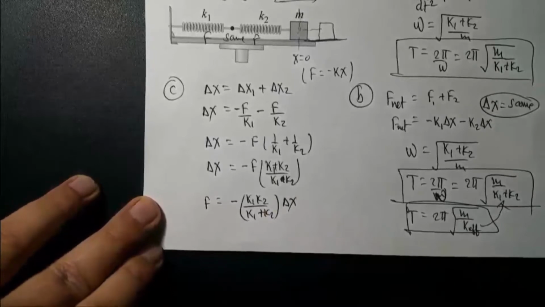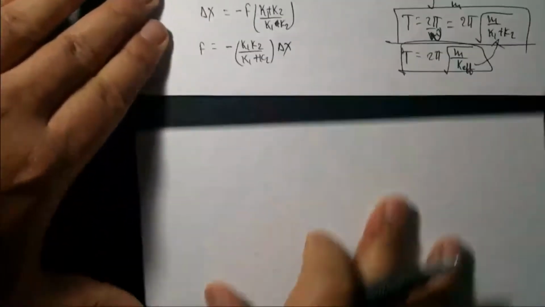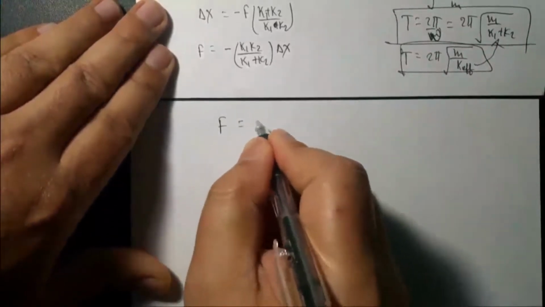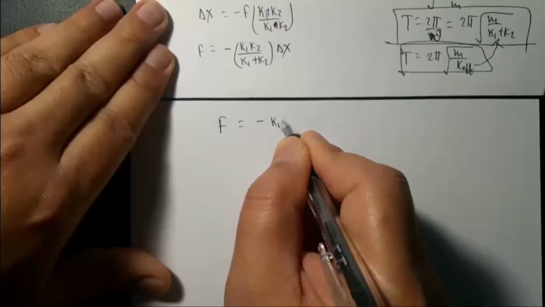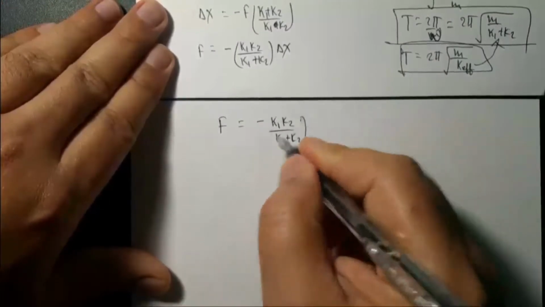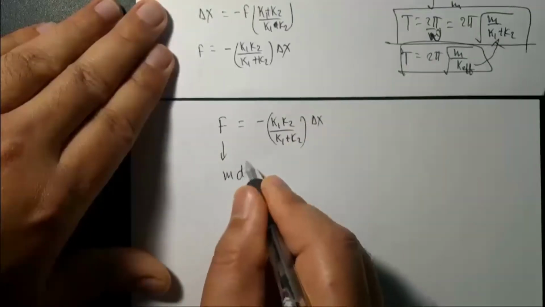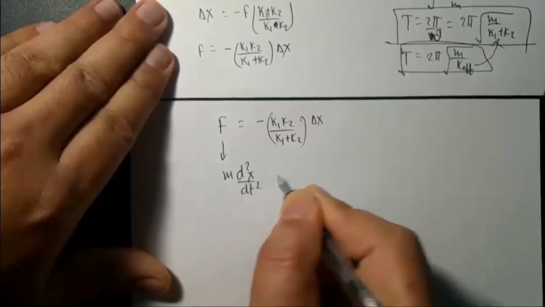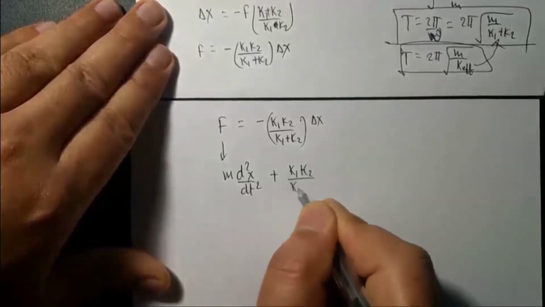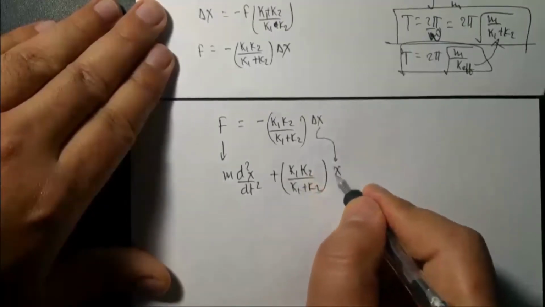Now you can just set up a differential equation after that. F is negative k1 k2 over k1 plus k2 times delta x, so this is mass times d square x over dt square plus k1 k2 by k1 plus k2 times x, where delta x you can just call x.